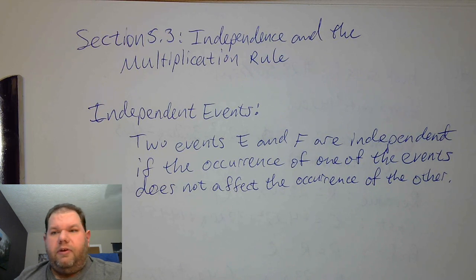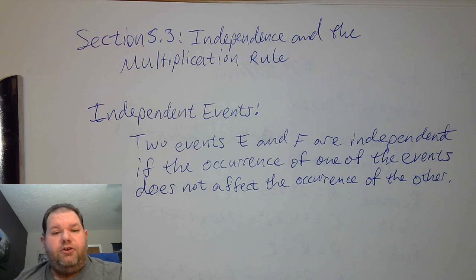Now, somewhere where we may have events be dependent, if we have a jar full of jelly beans, for instance, there's 50 cherry jelly beans and 50 grape jelly beans. If we pick one jelly bean at random out of the jar and eat it, now there are fewer jelly beans in the jar.